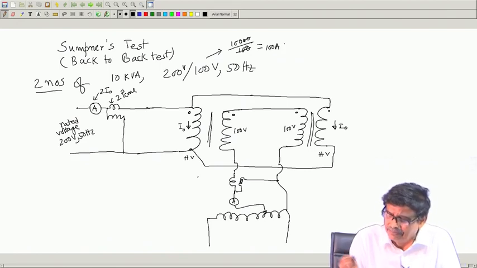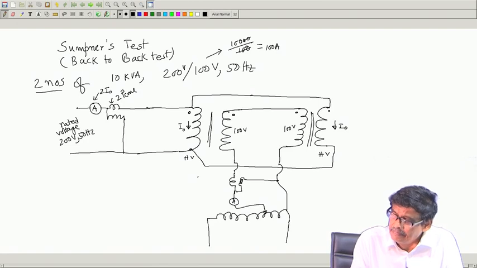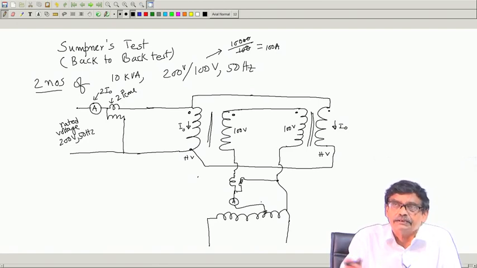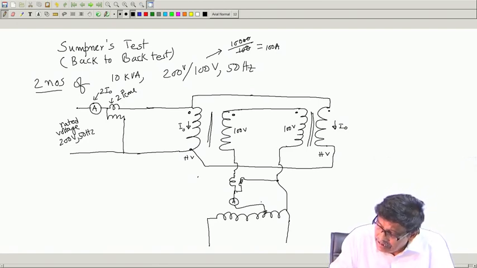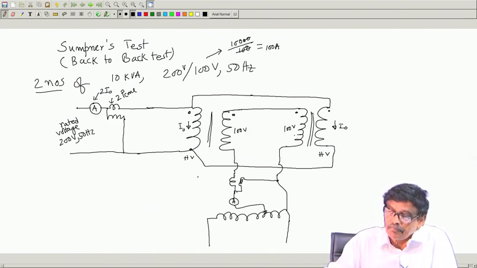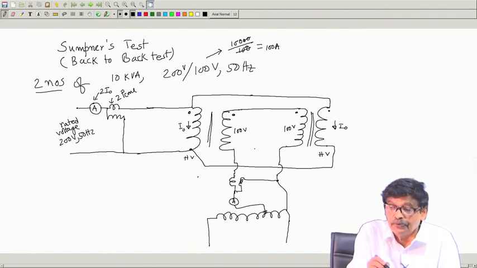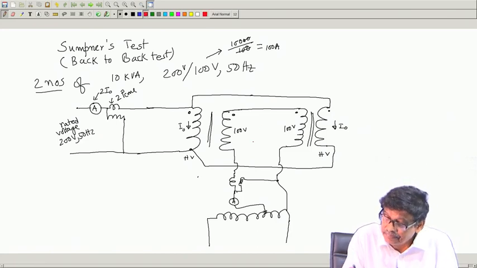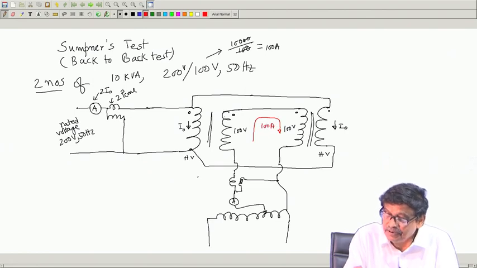Anyway, 100 ampere. For understanding we are doing this. So, I will apply such a voltage that 100 ampere flows here. But the moment 100 ampere flows, suppose this way, 100 ampere is flowing this way.